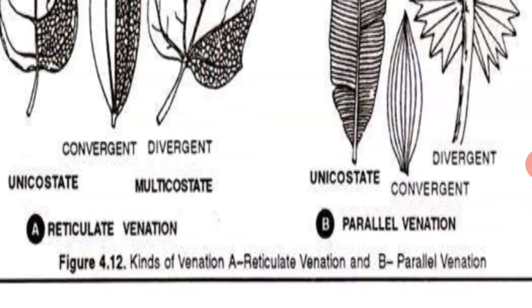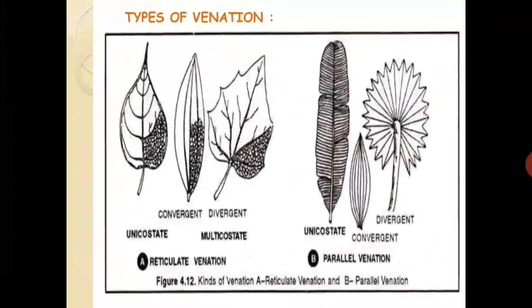Three types of parallel venation are found in the leaf. So many leaves, and convergent and divergent. Convergent and divergent both types are there; in divergent the veins diverge, and in convergent they are shown going straight, lines going straight. So two types of the venations are there.